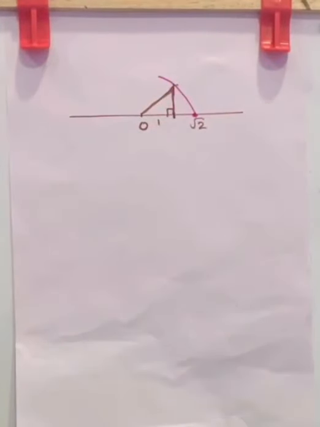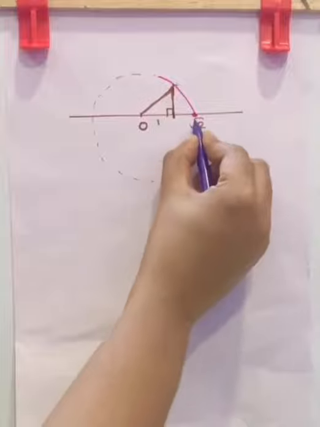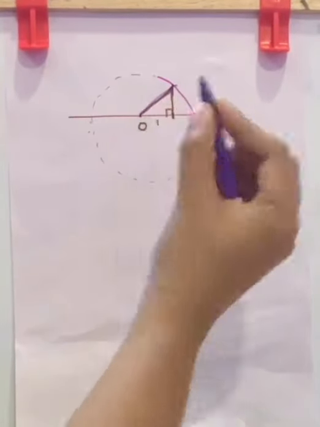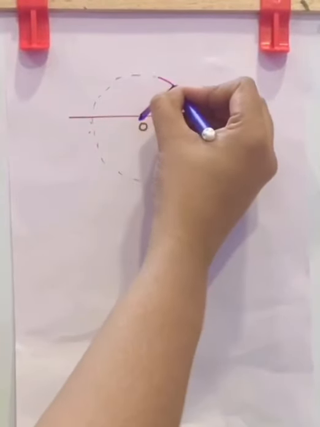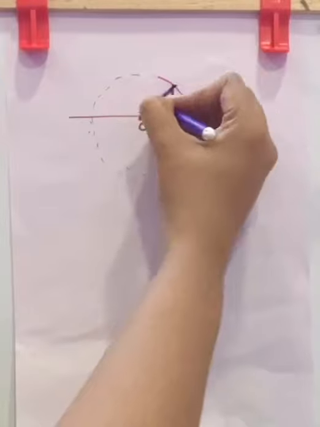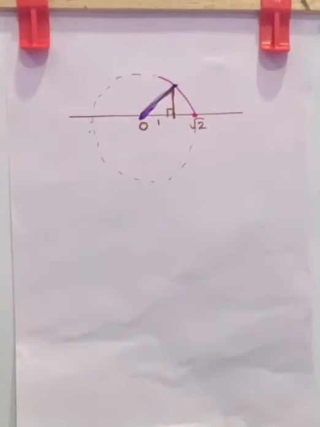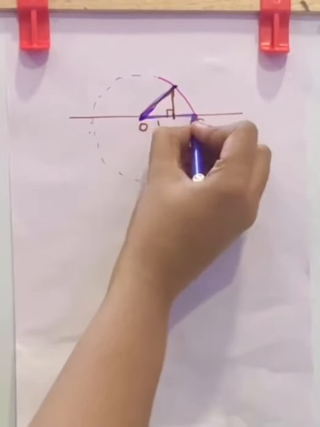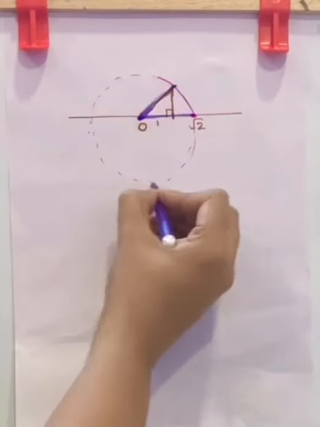Now check, if this is a circle, this is its radius, that is, this is the center and this is a measure to its circumference, and this is the radius. This is also a radius, right? This is also from the center to the circumference of the circle.